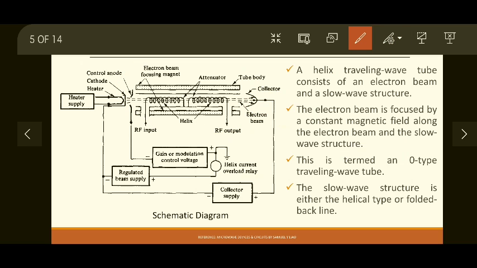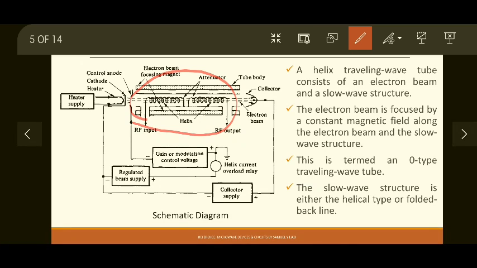Then there are two magnets, this one and this one. These magnets are used to focus the beam along the tube, similar to klystron. The difference is, instead of cavity, now we are having a helical coil, called a helix.